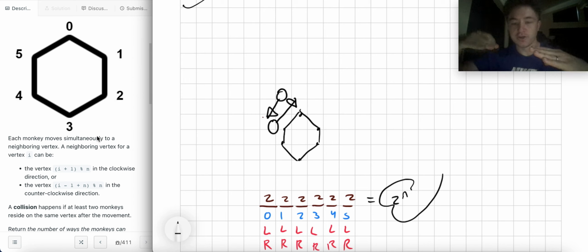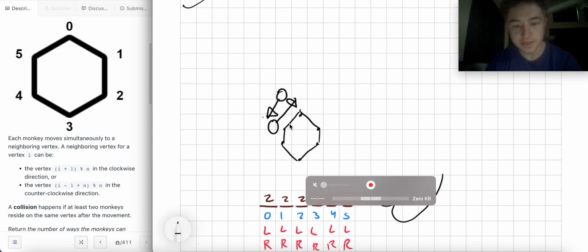Right? These two monkeys are going to run right into each other. So basically, if any monkey decides to go the opposite direction of any other monkey, there's going to be a collision.